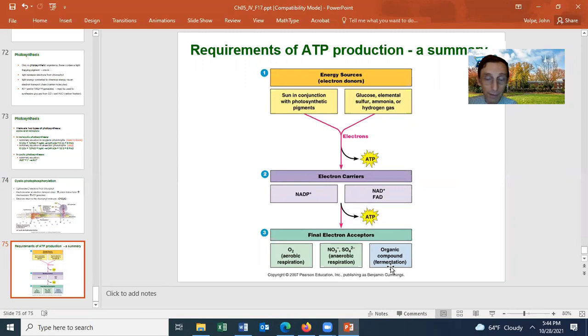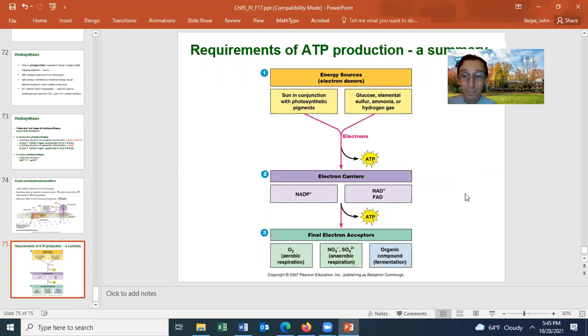For fermentation, it's an organic molecule. And for cyclic photosynthesis, it is the starting molecule, meaning the chlorophyll. That's both the electron donor and the electron acceptor. Any questions about any of that?